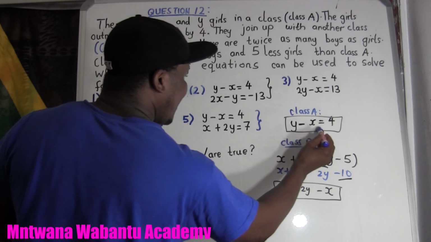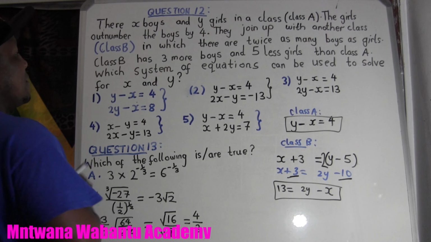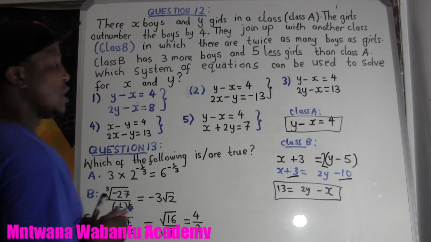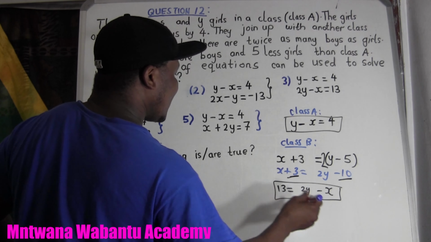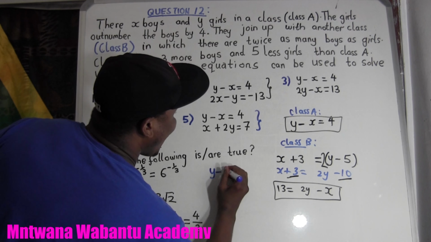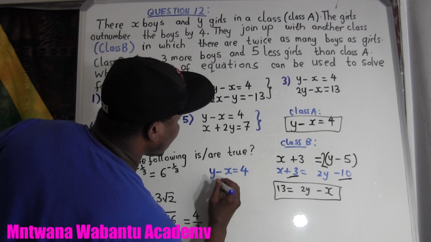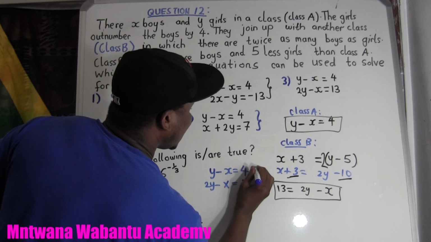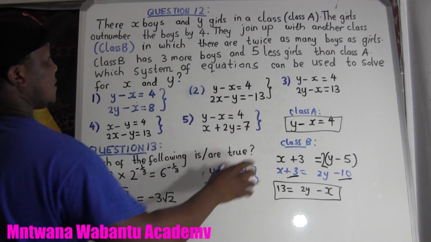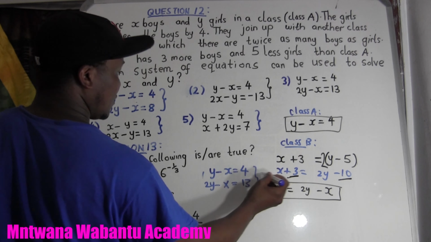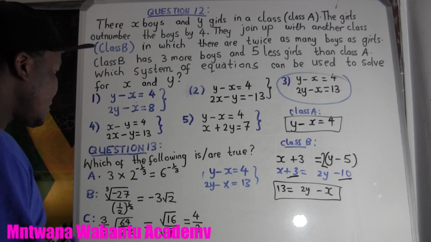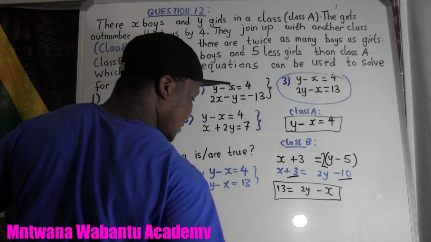The question asks which system of equations can be used to solve for X and Y. The system is Y minus X equal to 4, and 2Y minus X equal to 13. If you look carefully, Y minus X equal to 4 is there, so it's option 3.